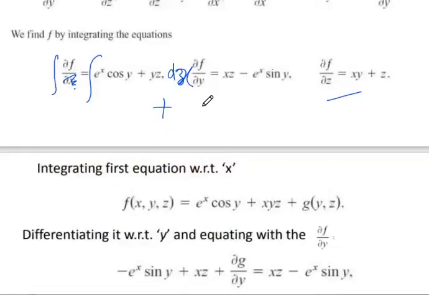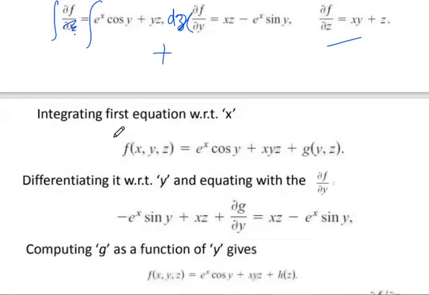Okay, now you can obtain this one by differentiating with respect to y. Right hand side is equal to this, right?